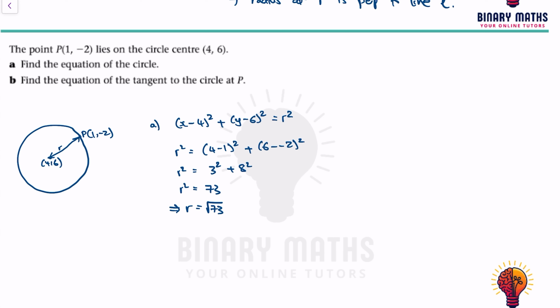But now that we know what r squared is, we can just substitute into here. So I end up getting (x minus 4) squared plus (y minus 6) squared is equal to 73.